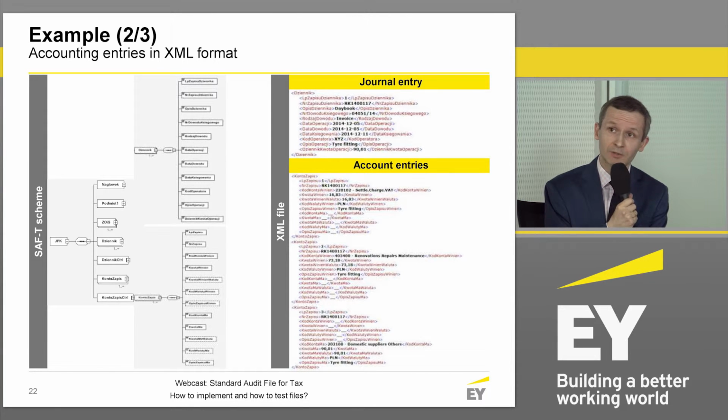Also, I would like to point out that Alexandra has mentioned before that those SAF-T files can be of a large volume. You can see here that just those three entries make a lot of text in this XML format.